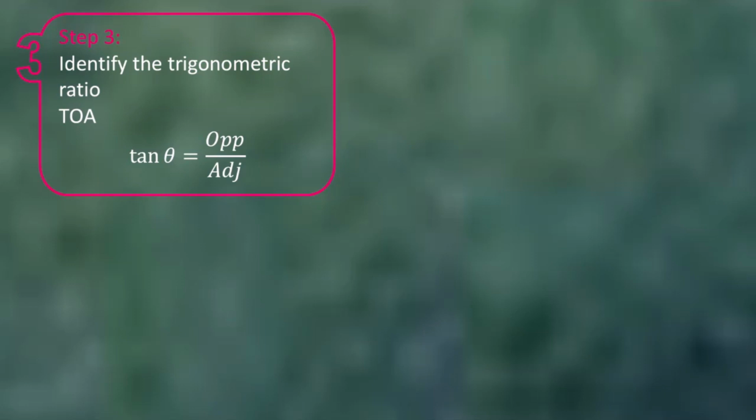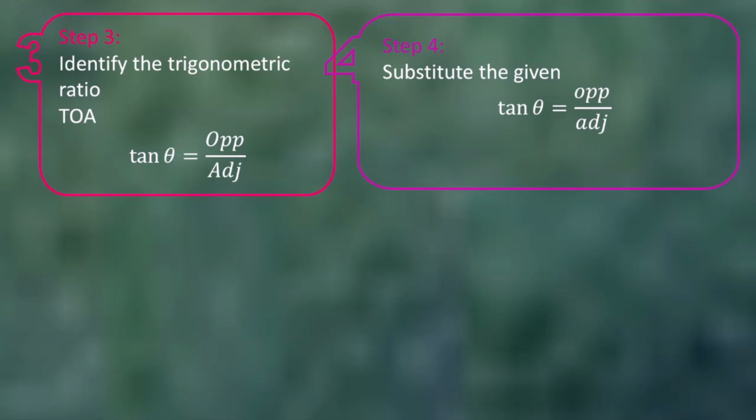Okay. Since na-identify natin yung trigonometric ratio na gagamitin natin, next one is to substitute the given. Since we have two given po, which are the angle, yung sa theta po, substitute po natin sa theta, that is 45 degrees, and the opposite side or the height of the tower is 15.60.